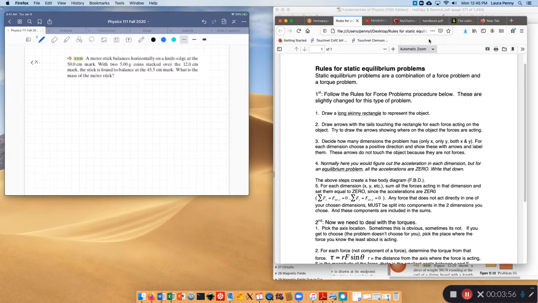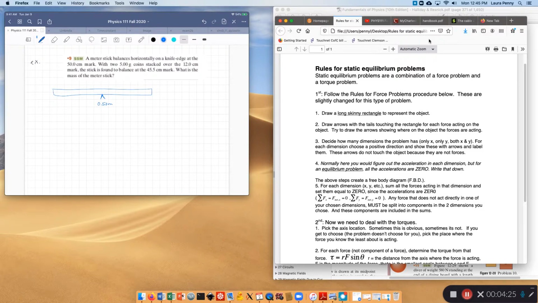It says, a meter stick balances horizontally on a knife edge at the 50 centimeter mark. So what that really is telling me, all right, so I'm going to draw this just briefly. It's just a regular meter stick, and it tells me that at this 50 centimeter mark, half a meter, if I put something there, it will balance.